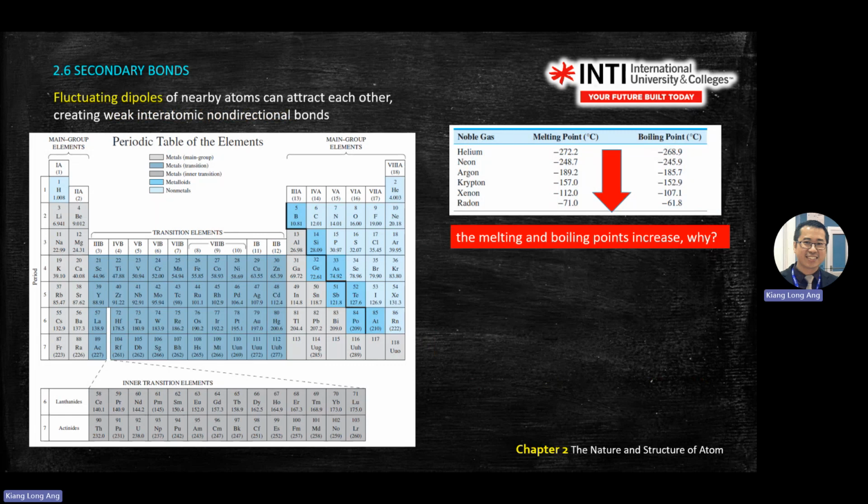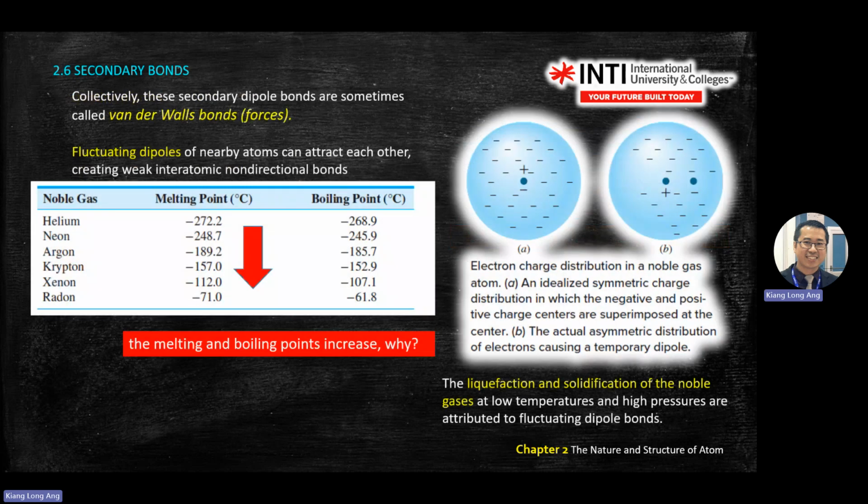Okay. So the melting and boiling points increase; you see the value actually increases, from negative to a more positive number.